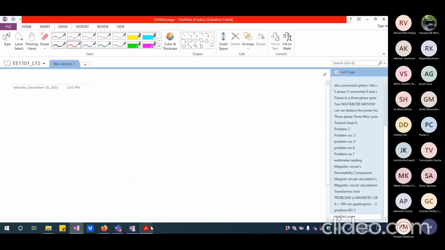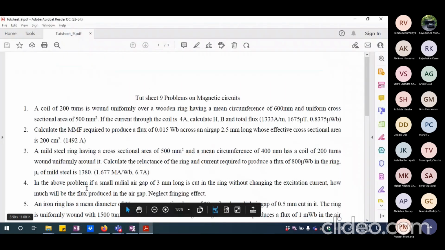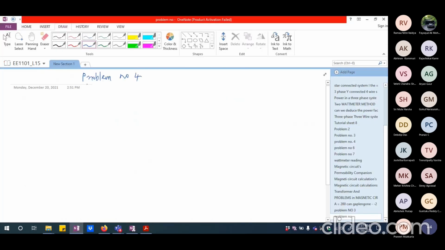So let us look at problem number 4. In the above problem, if a small radial air gap of 3 mm long is cut in the ring without changing the excitation current, how much will be the flux produced in the air gap? Neglect fringing effect.